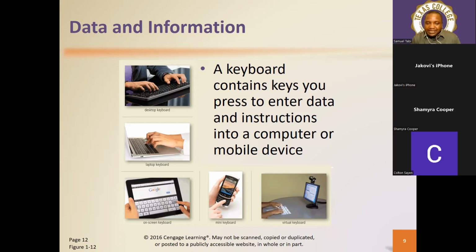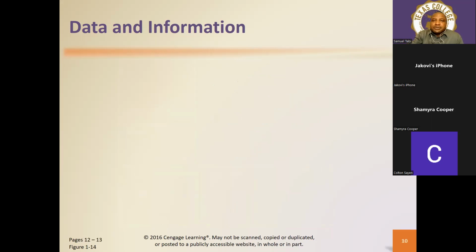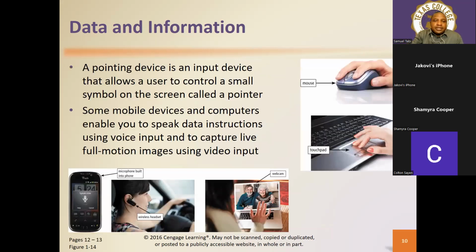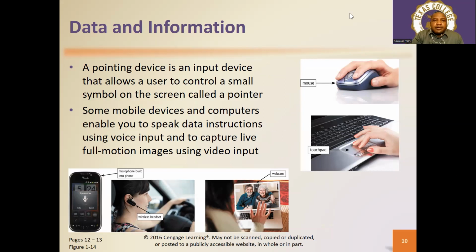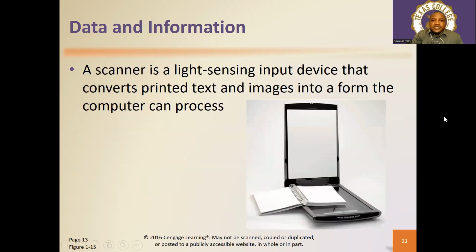Microphone. Microphone, that's another example of an input device. So those are different examples of input devices: keyboard, mouse, microphone. These are different versions of mouses. A scanner, that's another example of an input device, okay?